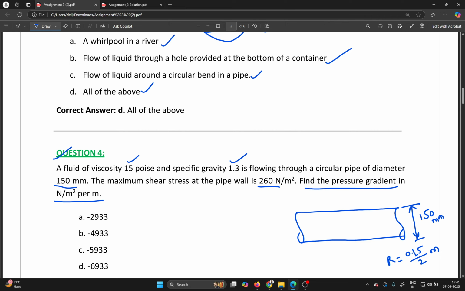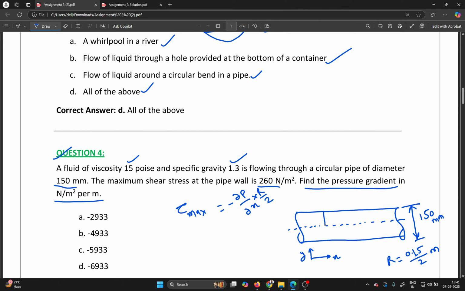So how is the pressure related to the maximum shear stress given in the question? It is related by tau max is equal to pressure gradient into r by 2, where this is the x direction.